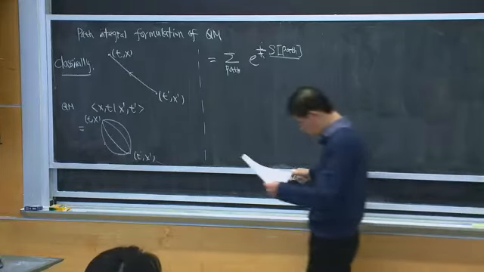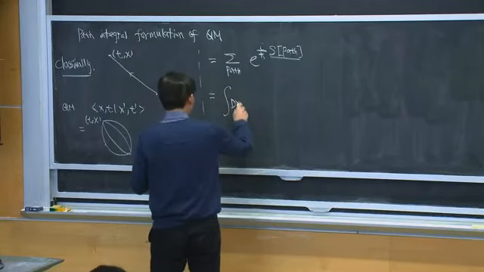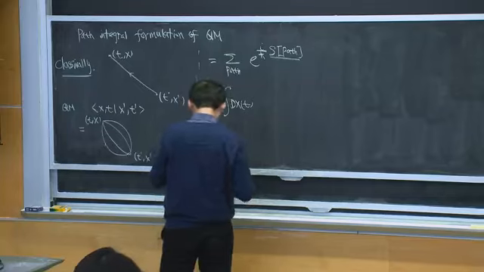So this is a formulation of quantum mechanics using the path integral, and we can write this more explicitly. The mathematical notation for summing over paths is the following.